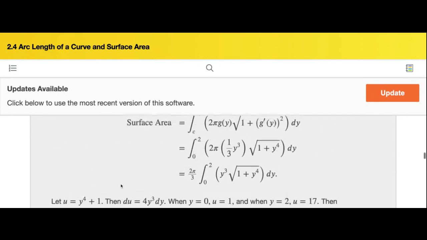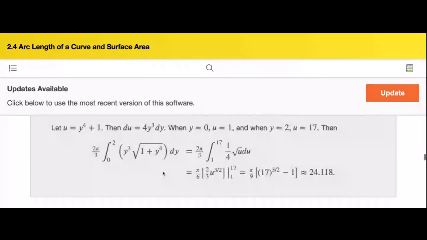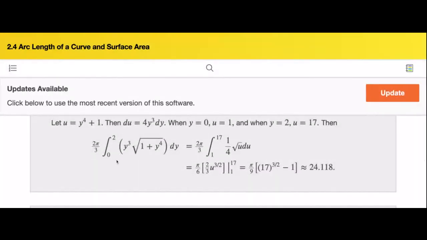So we get 2 pi over 3, we can always pull the scalars outside the integration, the limit from 1 to 17. The quarter, we can even pull outside. We would get 1 over 6 pi, u raised to the half, multiplied by 2/3 u raised to 3/2. Do the calculations, we'll get this.